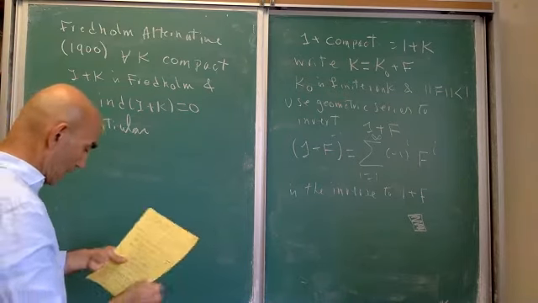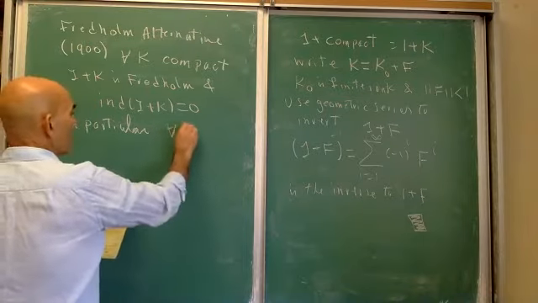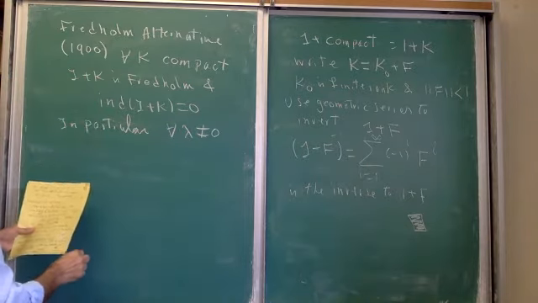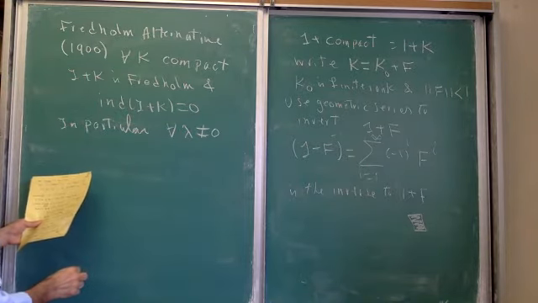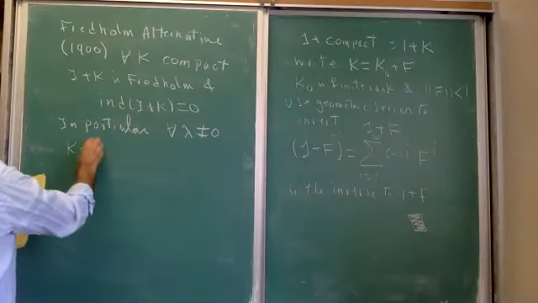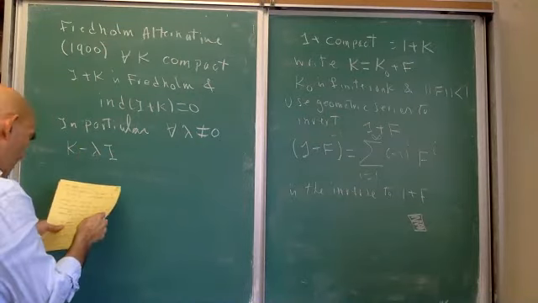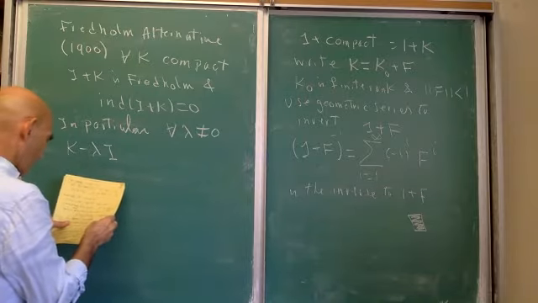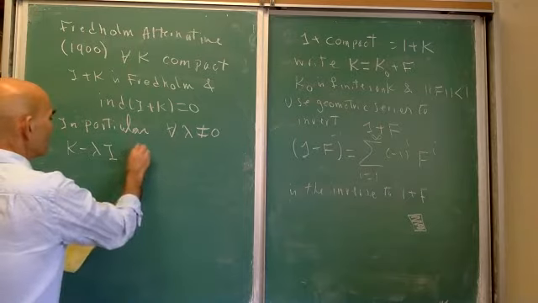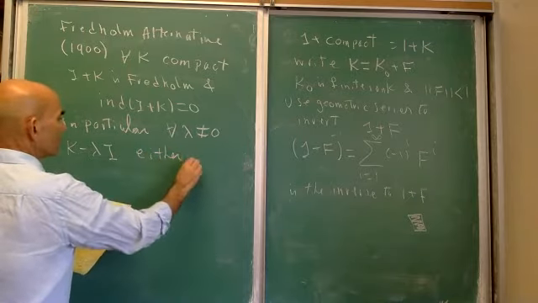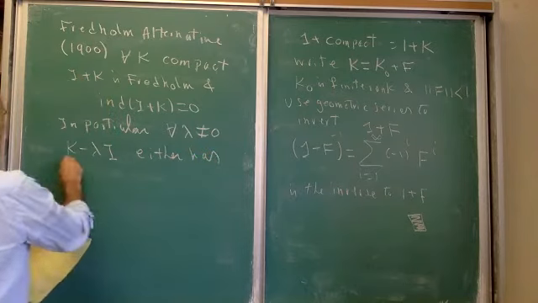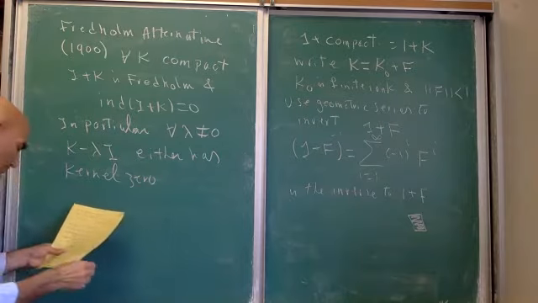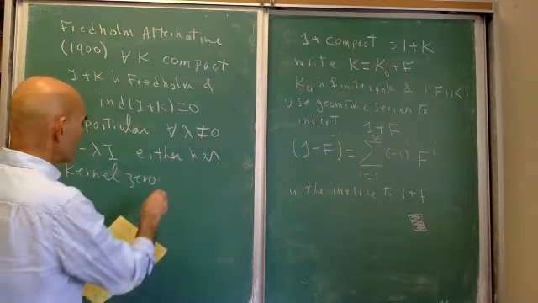It was formulated like this: for any lambda different from 0, k minus lambda I either has kernel 0 or is invertible.